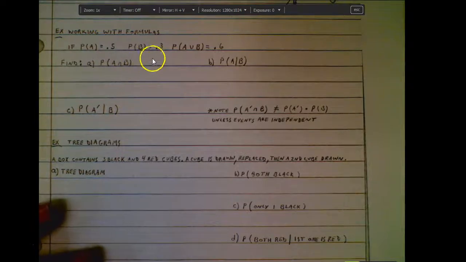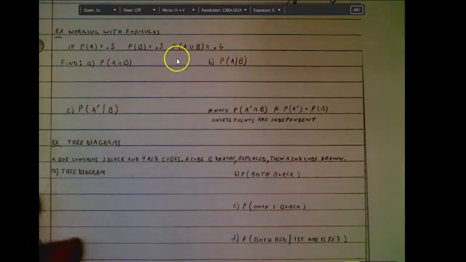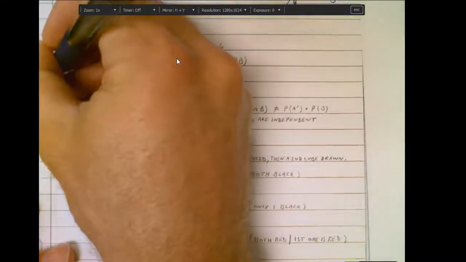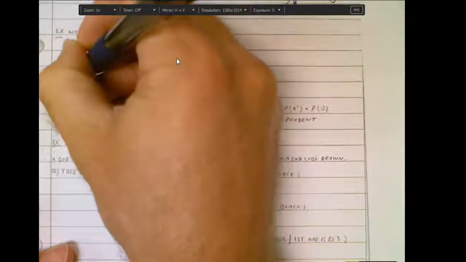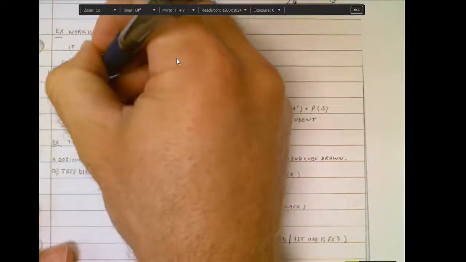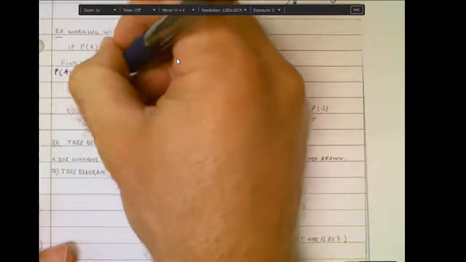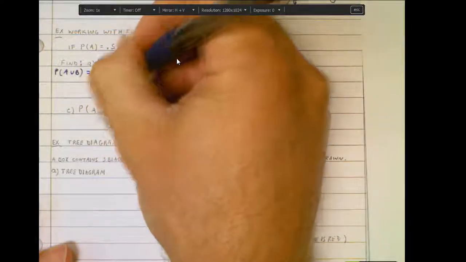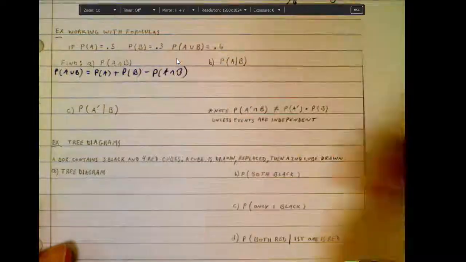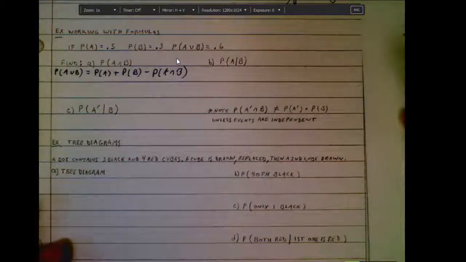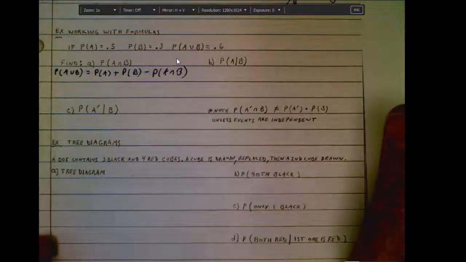So what we can do instead is make use of our other formula that we looked at in our last lesson, which says that the probability of A or B is equal to the probability of A plus the probability of B minus the probability of A and B. And I can make use of that formula because they said nothing about having independent events.